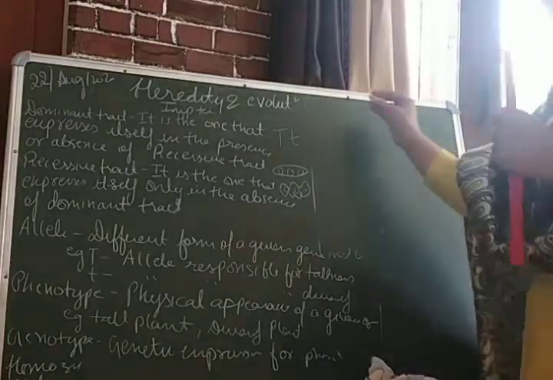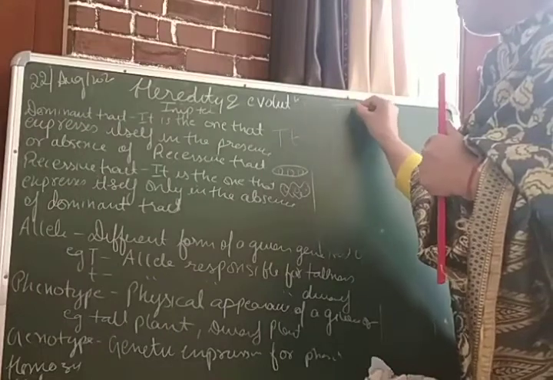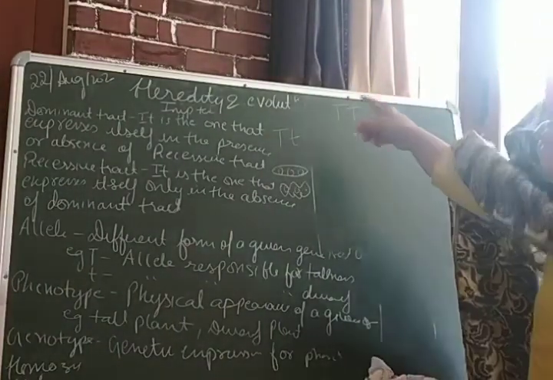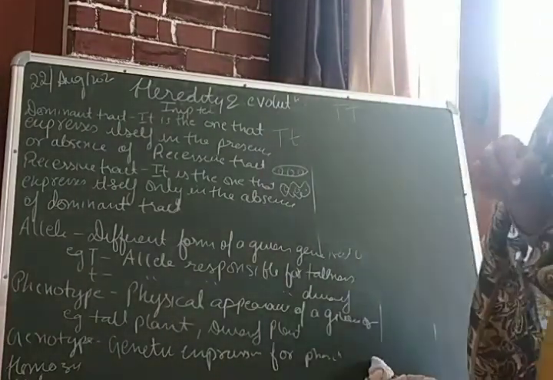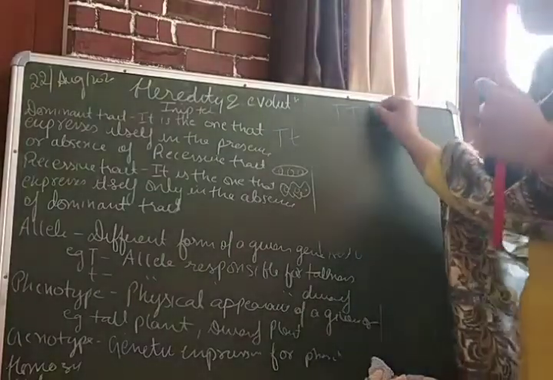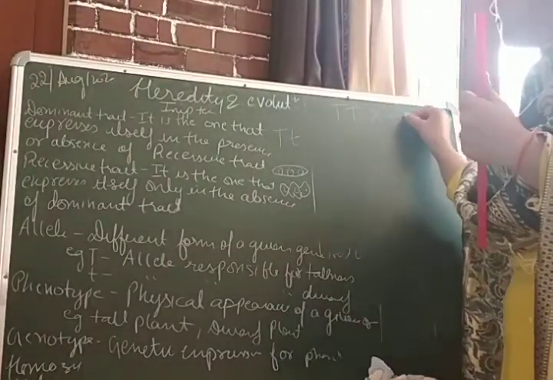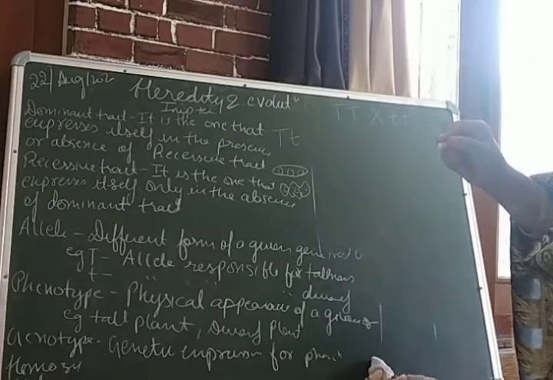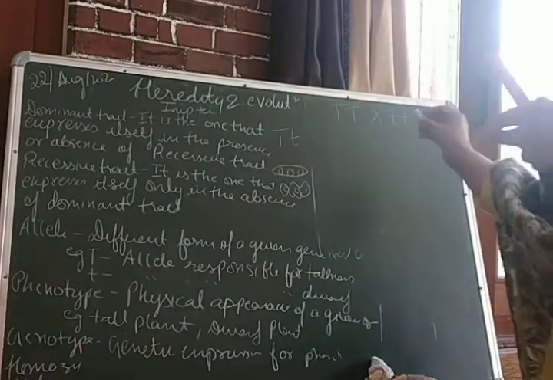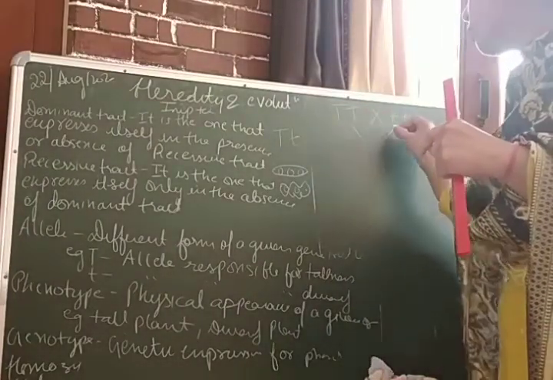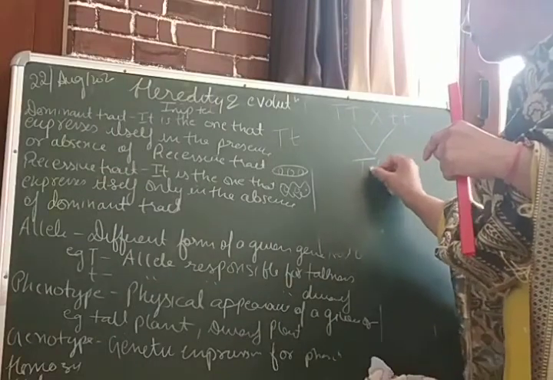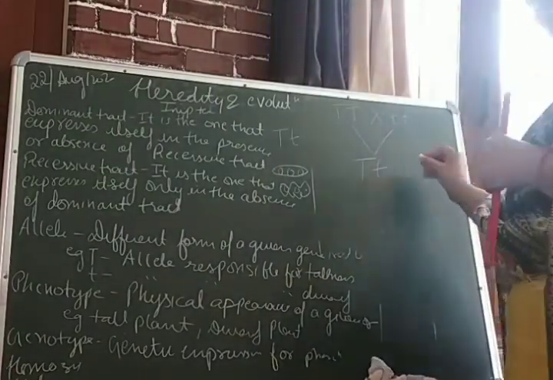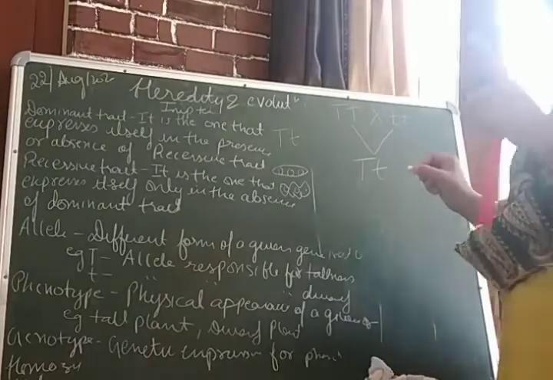It means, for example, this is your parent plant, and capital T represents the tall plant, and small t represents the dwarf plant. When they fuse together, they form a new generation. This is known as the F1 generation.